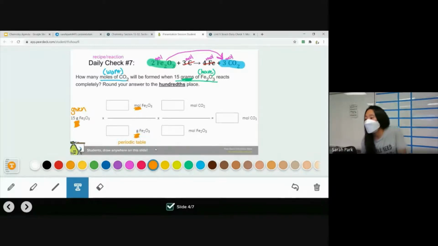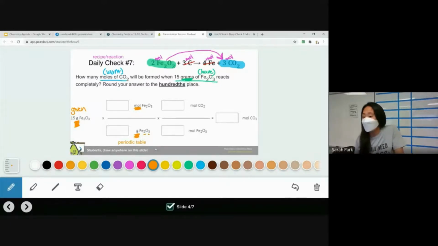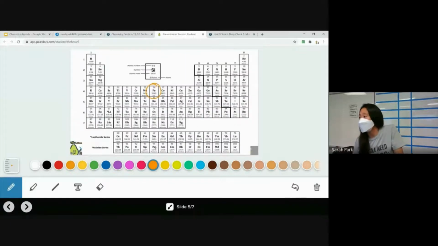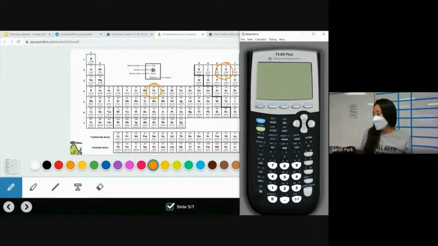If you look at this compound, it's 2 irons and 3 oxygens. So when you look up the periodic table, you have 2 irons and 3 oxygens that you have to add up together. Okay, I am going to do that on my calculator. Whip this out real quick.